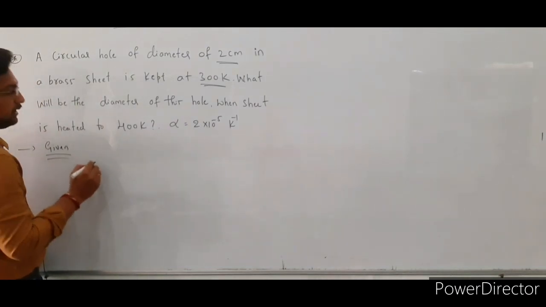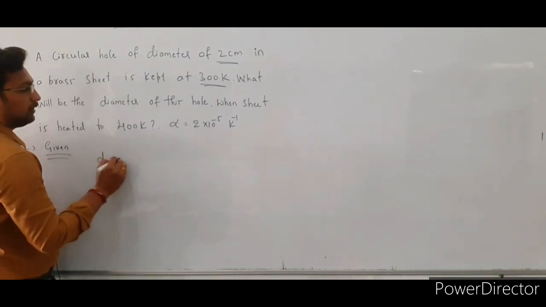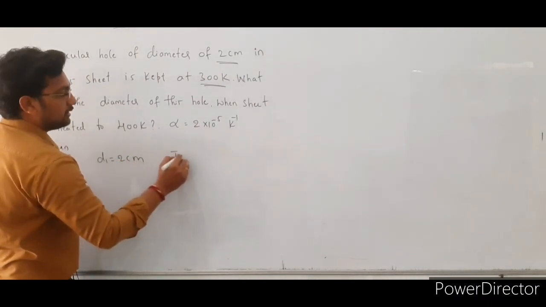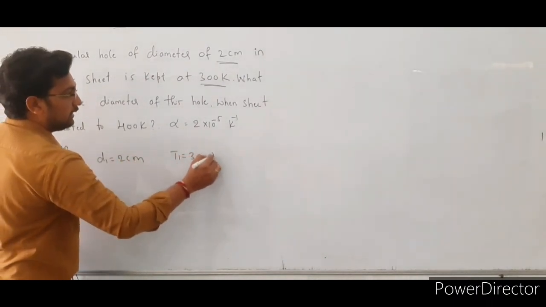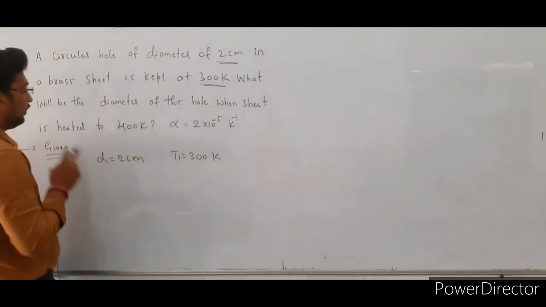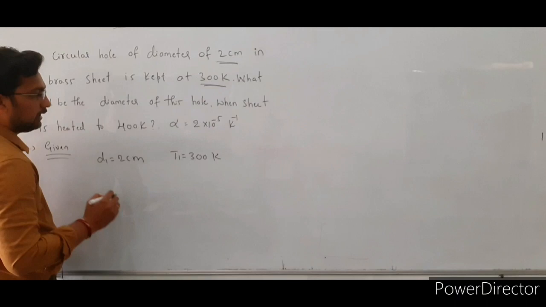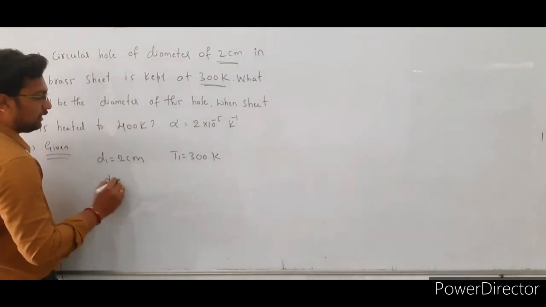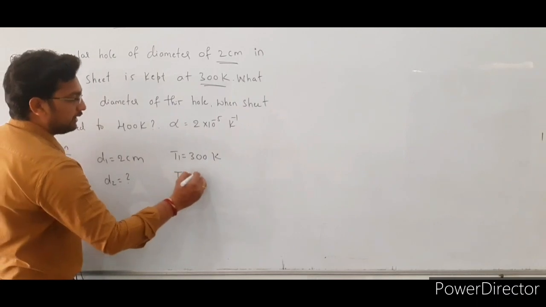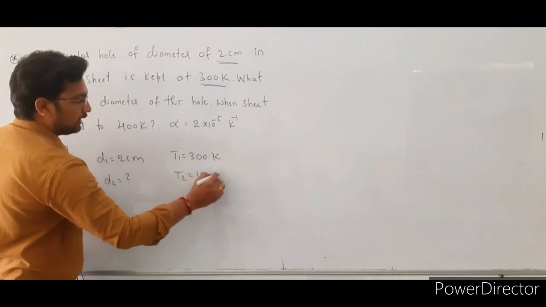So that means D1 is equal to 2 centimeter at the temperature T1 equal to 300 Kelvin. Next, what will be the diameter of the hole when the sheet is heated to 400 Kelvin? So that means D2 is equal to question mark at the temperature T2 equal to 400 Kelvin.